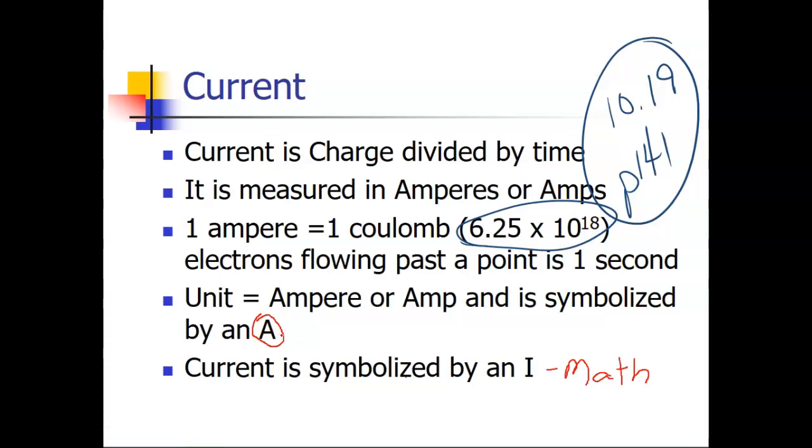So electrically it's symbolized by an A, mathematically it's symbolized by an I.